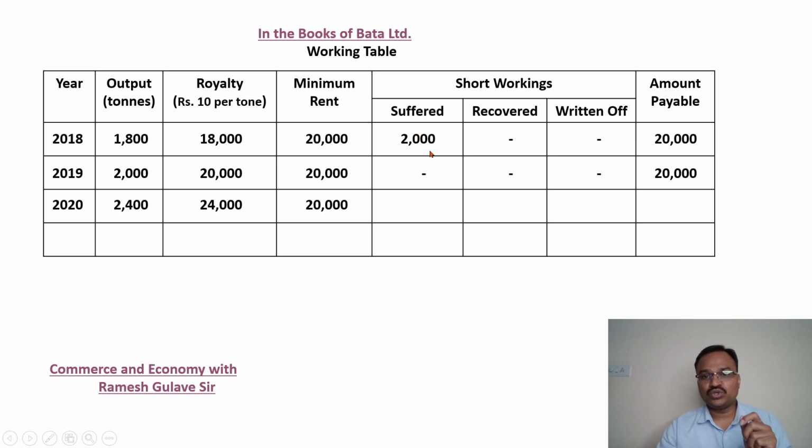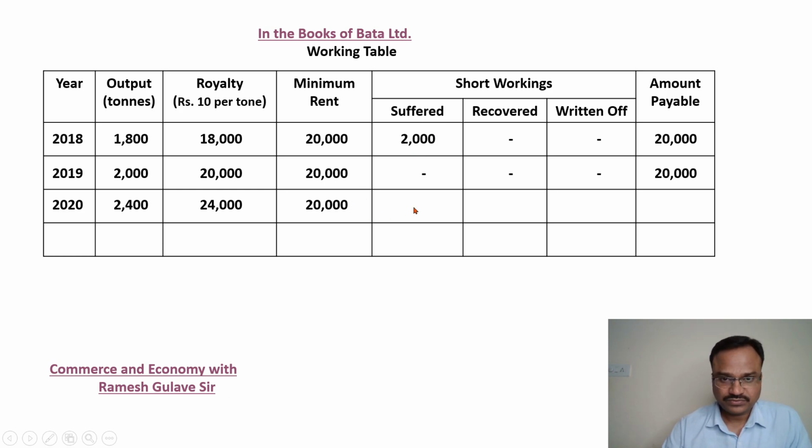It means this 2,000 rupees can be recovered in this year, because royalties are in excess by 4,000. So in this year 2020 we can recover the suffered short workings, and the amount of suffered short working is 2000.